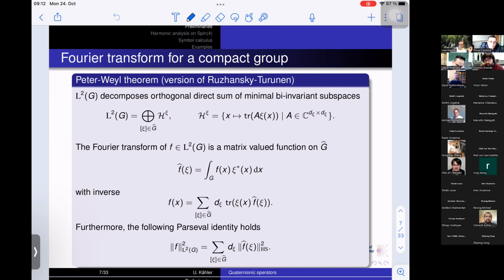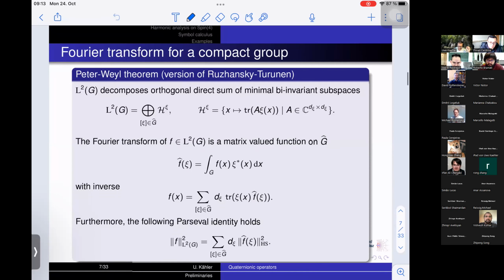And TR here is just a trace, and the representation is given there. You can simply think of f hat as kind of Fourier coefficients. And in particular, you have a Parseval identity, which is of course what you definitely want.